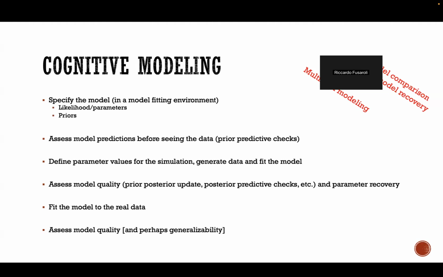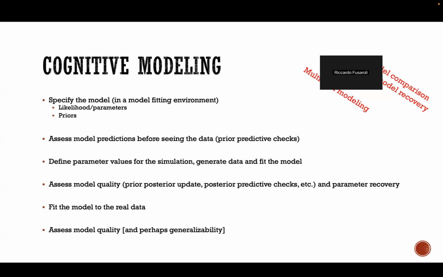The prior predictive check is just from the prior what the model expects to see. The posterior predictive check, still in this area, says, given the prior and the simulated data, what does the model think it's seeing? And sometimes there's a mismatch between the simulated data and the predictions of the model.